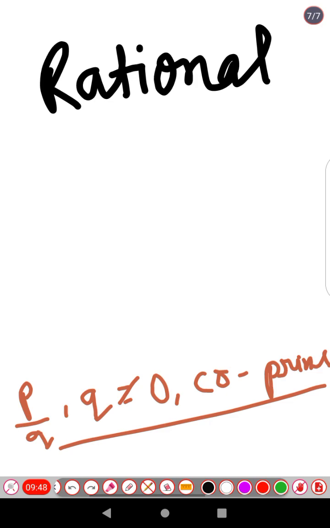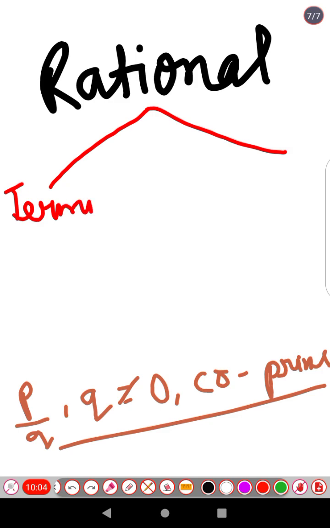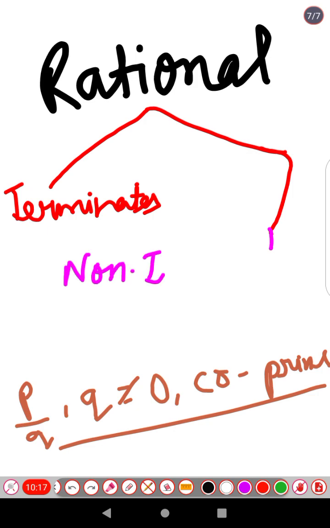Now we can add one more thing. So a rational number can be of two types. If these cases are happening, then we can say it is a rational number. First, the rational number terminates, or the second case we are having is the rational number is non-terminating but it recurs, non-terminating recurring.